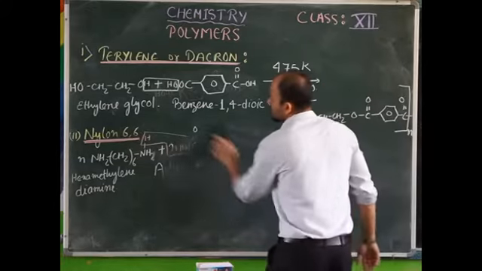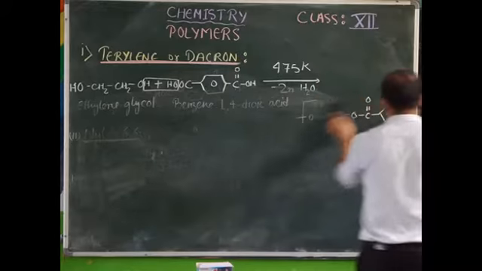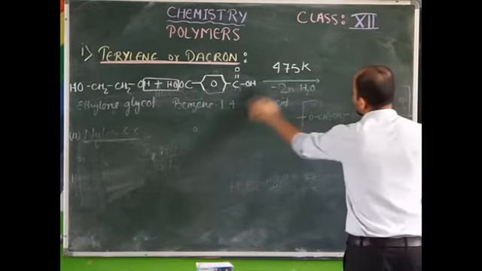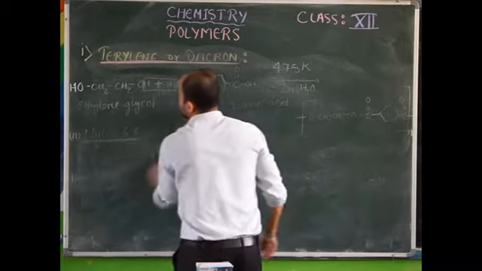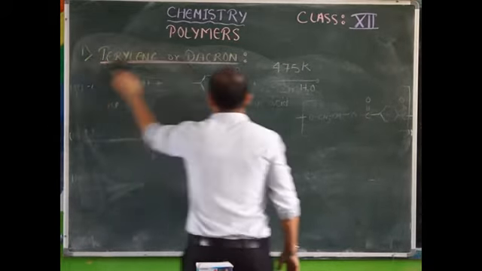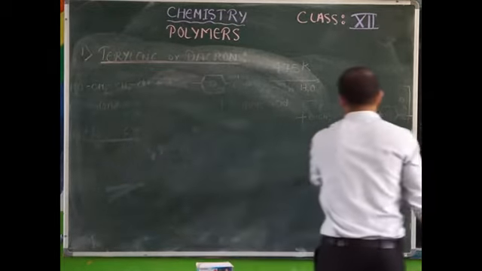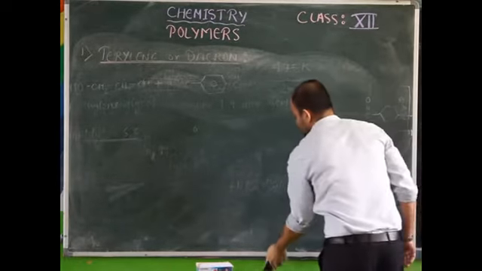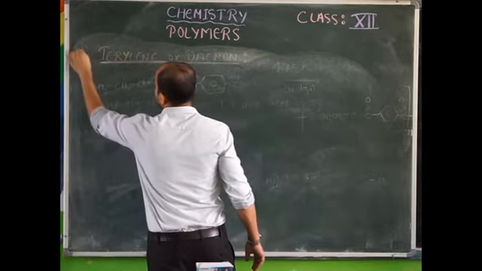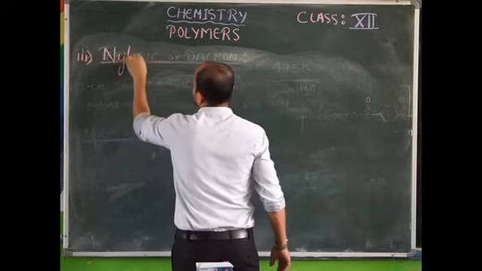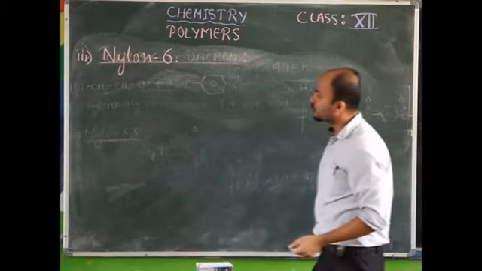Please don't be confused regarding the numbers: in one case you have nylon 66, in another you have nylon 6 only. Now this nylon 6 we obtain from caprolactam.